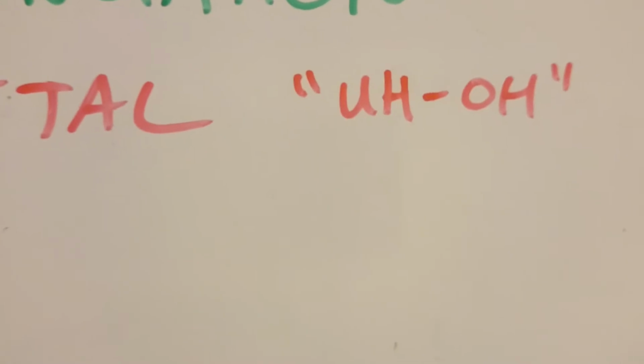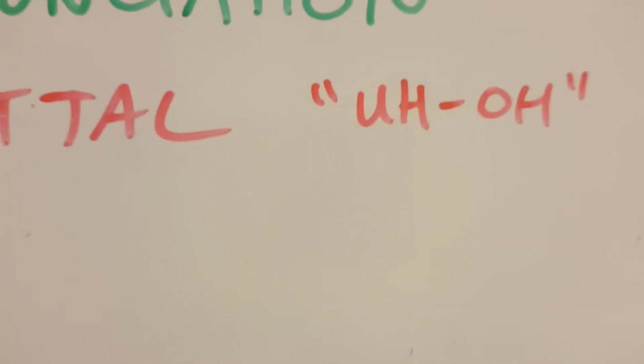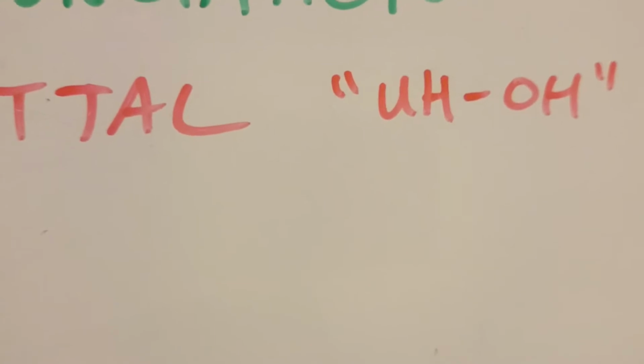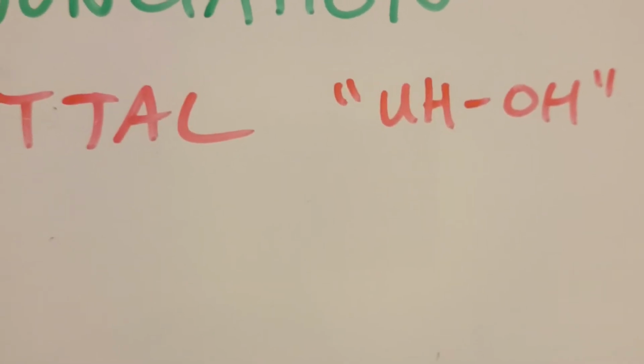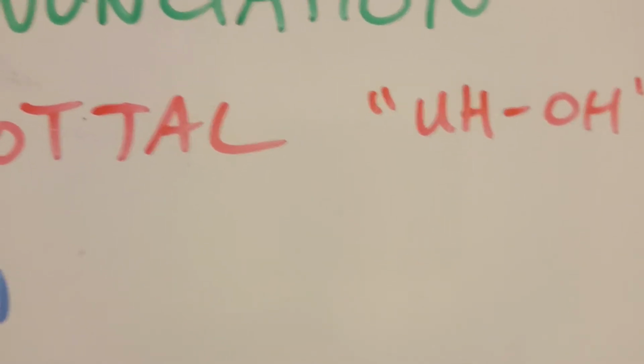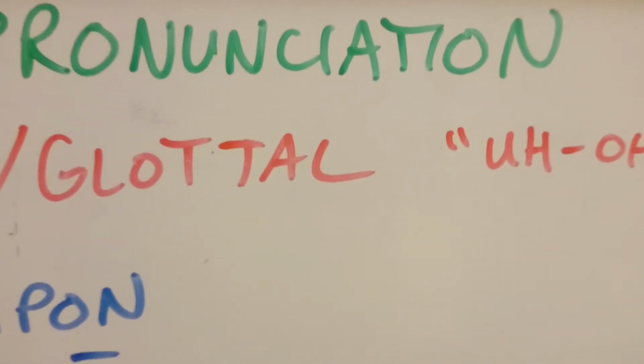So I like to use the uh-oh example because a lot of people can relate to it. There's a stop that you can hear, and that stop is something that we also use in Cebuano.